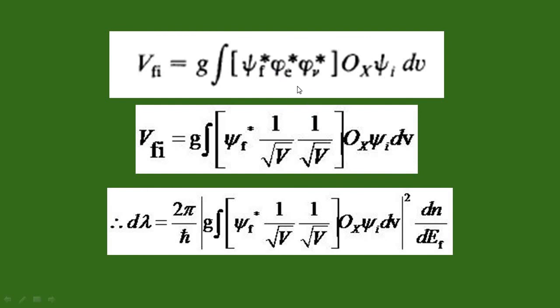Now you can substitute phi e star and phi nu star with 1 by root V each. So your d lambda now becomes 2 pi by h cross, g into the integral of psi f star, 1 by root V, O x, psi i dV, whole square, dN by dEf.